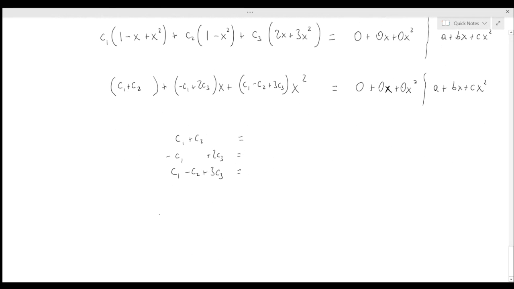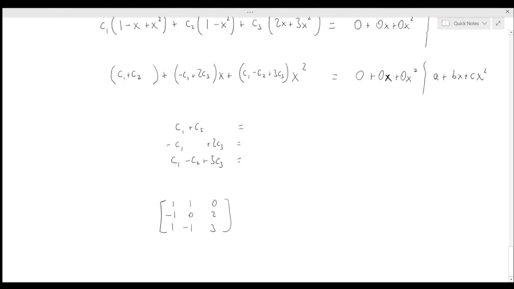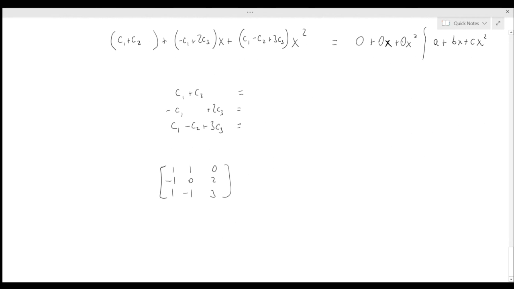But again, all we really need to do is focus on the coefficient matrix that we get here. And then again, just remember the rule that you can follow is for the span, there has to be a pivot in every row. Remember that to be independent, there has to be a pivot in every column.